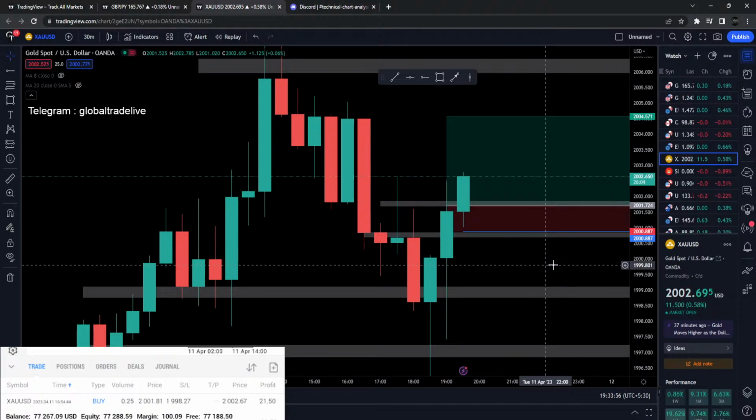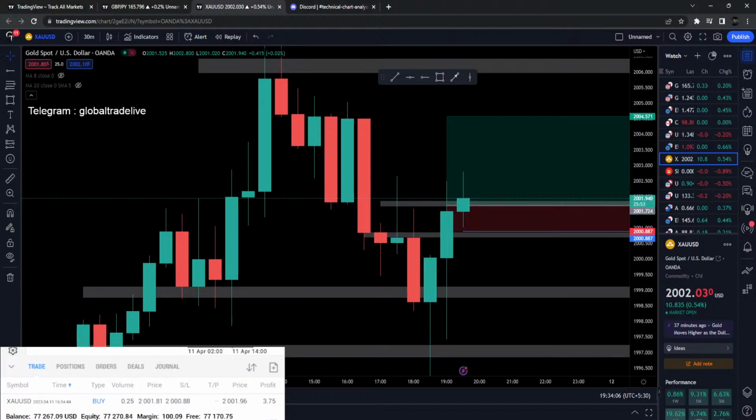2000, because there is no point of holding the trade beyond that point. 88. Okay, so the stops has been set, 2000.887.